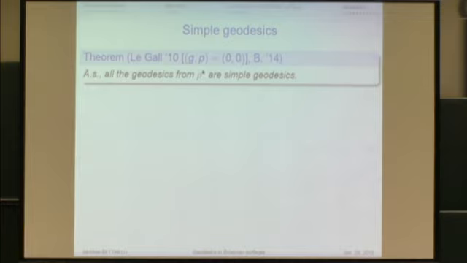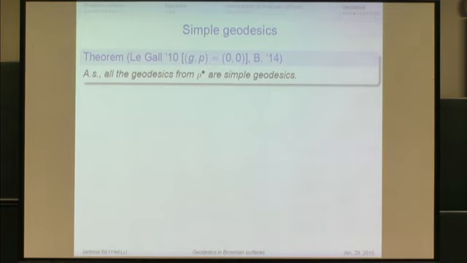This is the main result of Jean-François' paper in 2010 for the Brownian map, and this is the main result of my paper in 2014. Actually, I didn't use the same method as he did, but that's the result.